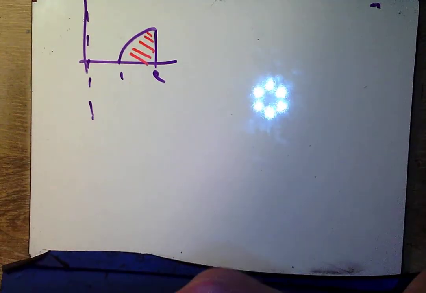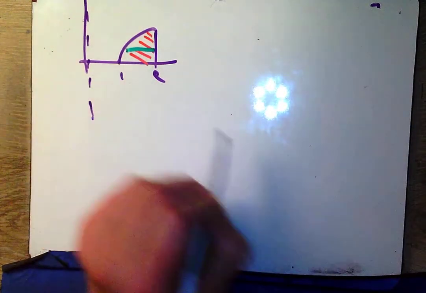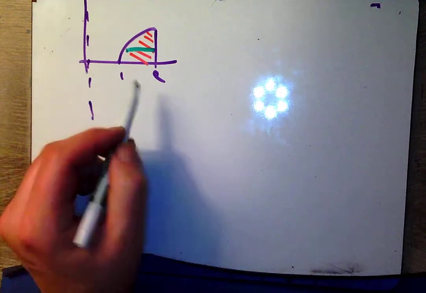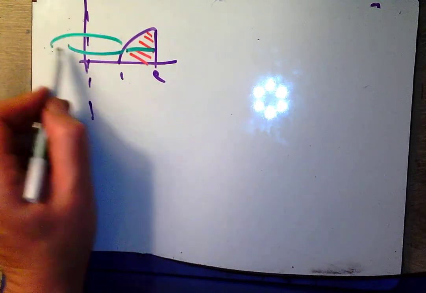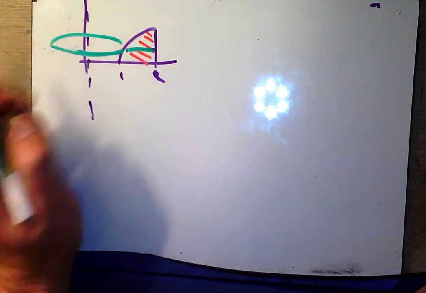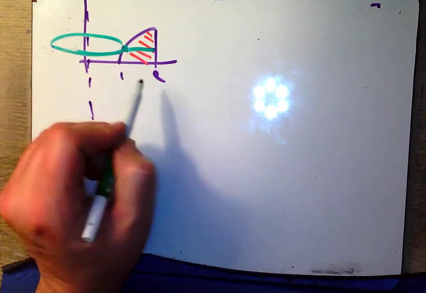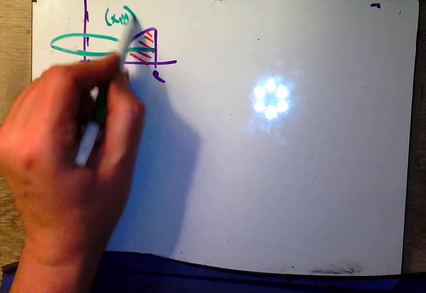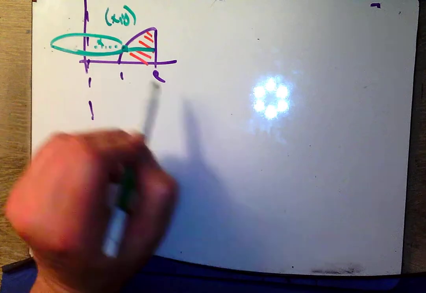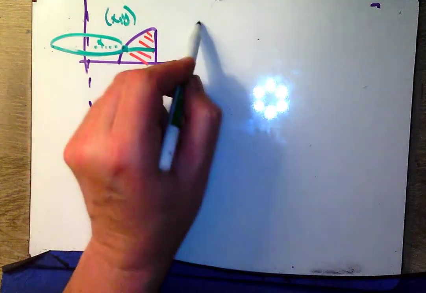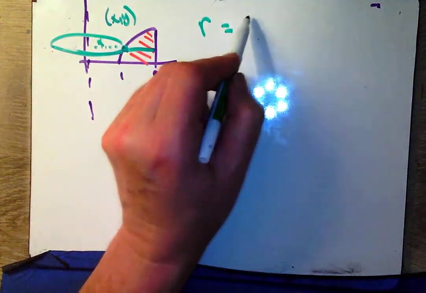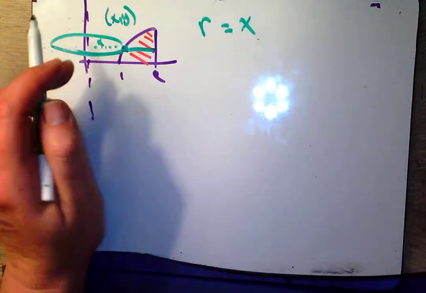So I know this is going to be some sort of washer. There's my segment perpendicular to the axis of rotation. And here I see that if there's an ordered pair here called xy, this distance is x. Fabulous. So little radius is x.